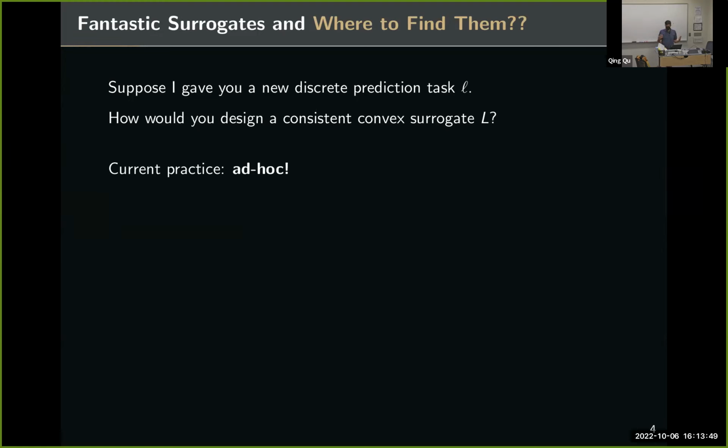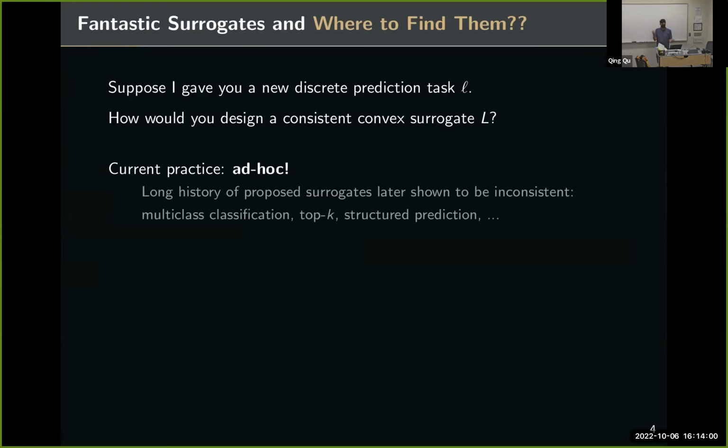There's some new task and people think about it for a while. They try to borrow ideas from other areas, like, okay, this looks kind of like classification, maybe we can use some ideas from there. But the result of that process has been a long list of surrogates that were proposed at one point, seemed like great ideas, and were later shown to be inconsistent.